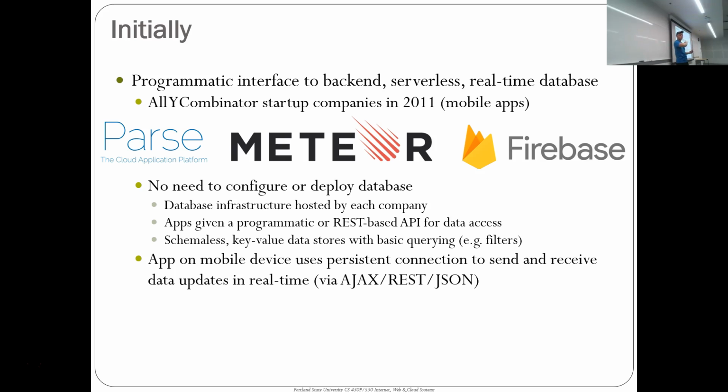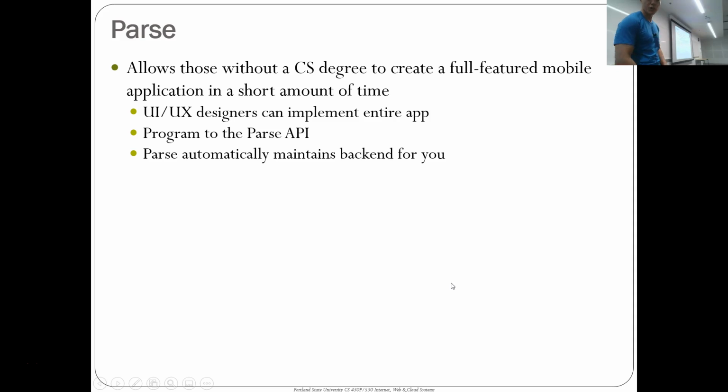Because there's a bidirectional real-time communication between the client and the backend database. And that was the innovation of these companies. So the front-end app, either on the mobile device or on the browser even, was all doing this asynchronous JavaScript over REST and JSON. Okay.